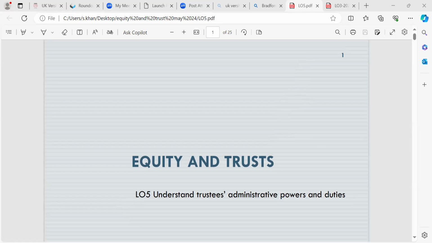In learning outcome 4, we looked at understanding equitable remedies. We looked at the distinction between tracing. So we looked at common law tracing and conditions for the application. We looked at equitable remedies on rescission, specific performance, discretionary injunctions with reference to case law.